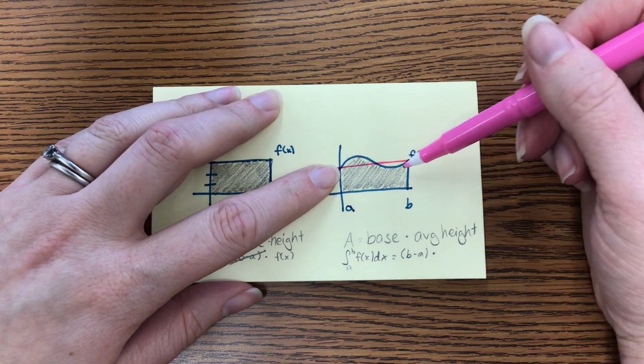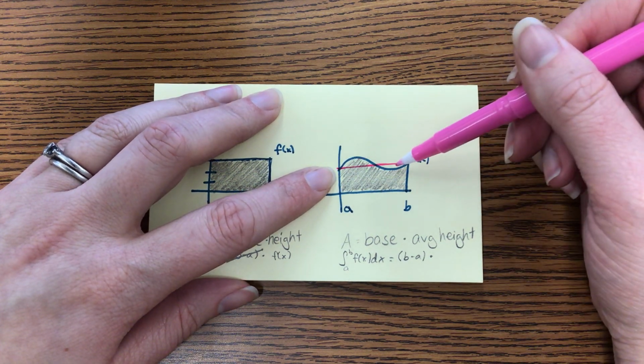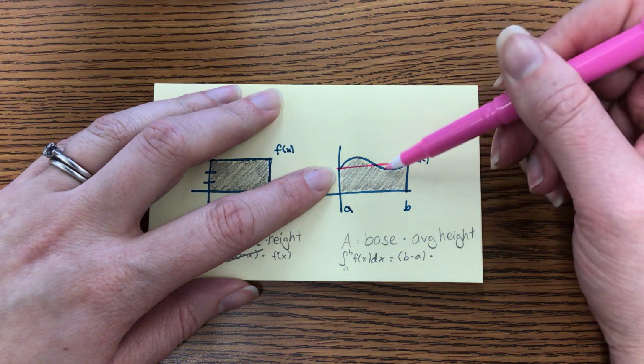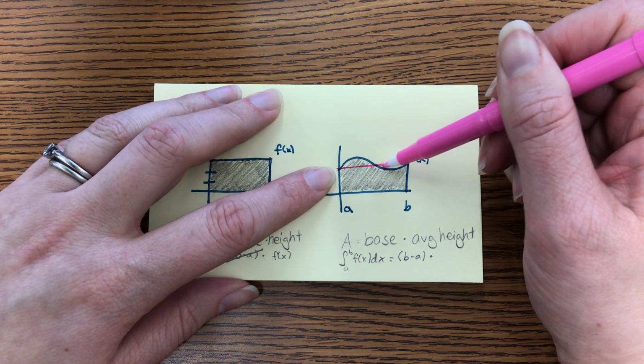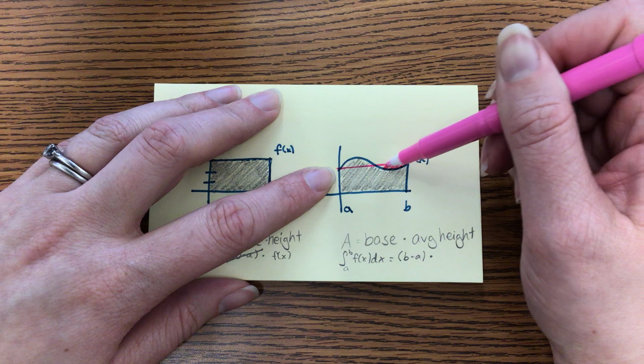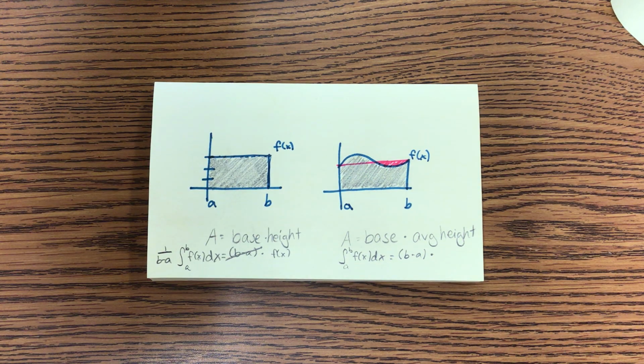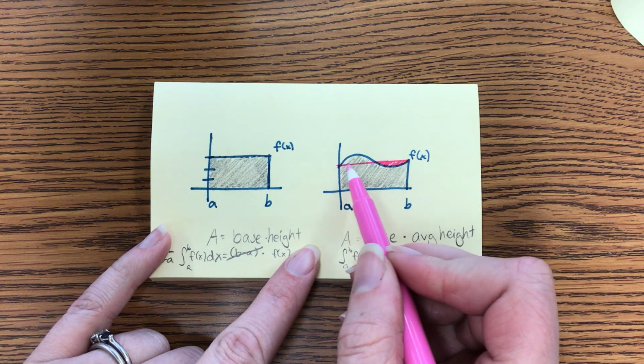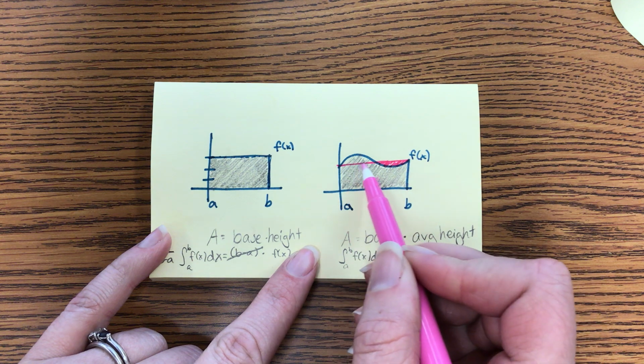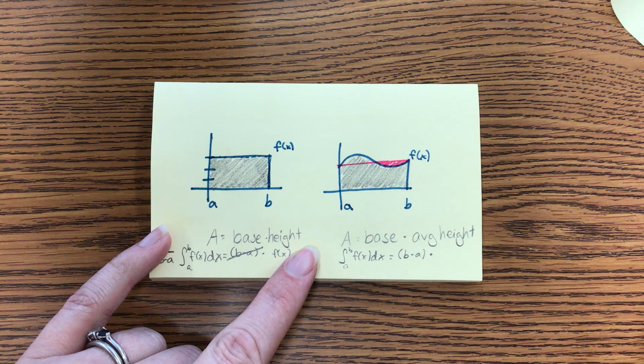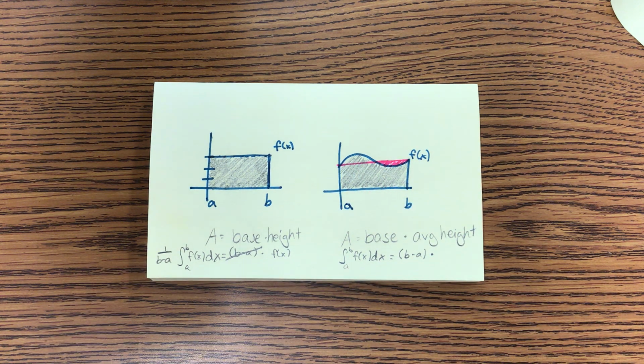Then this area and this area would kind of fill in. I didn't draw it very symmetrically, but get rid of this and put it here, and we can force a rectangle. This height right here is the average value of f of x. So the average height or average value of a function is the height that would turn your shape into a rectangle and still have the same area.